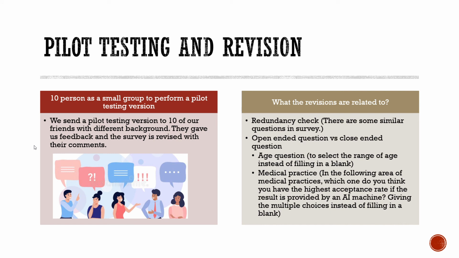In this medical practice question, instead of an open-ended choice, which makes the survey takers fill in what area of medical practice they think they would have the highest acceptance rate for if the result is provided by an AI machine, we explicitly list 3 categories: the preventative diagnosis, the non-life-threatening disease diagnosis, and the cancer diagnosis.